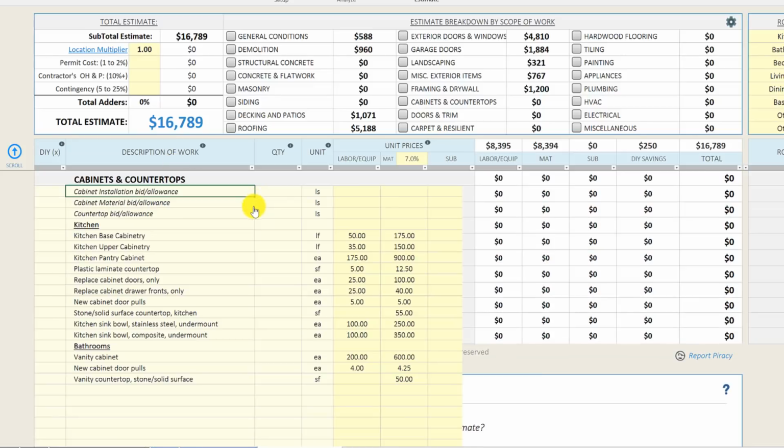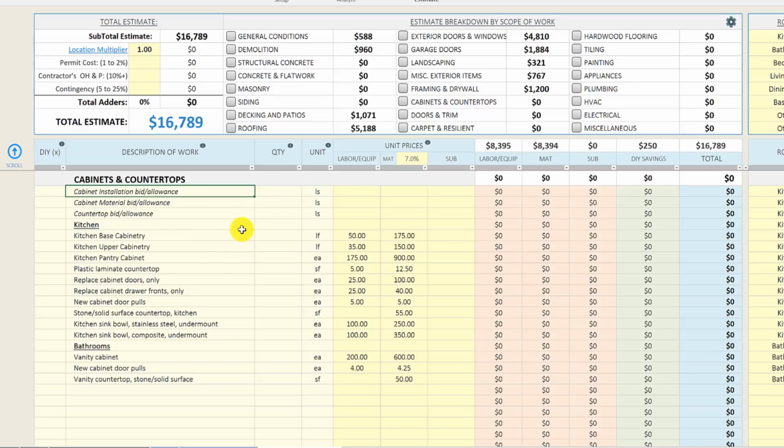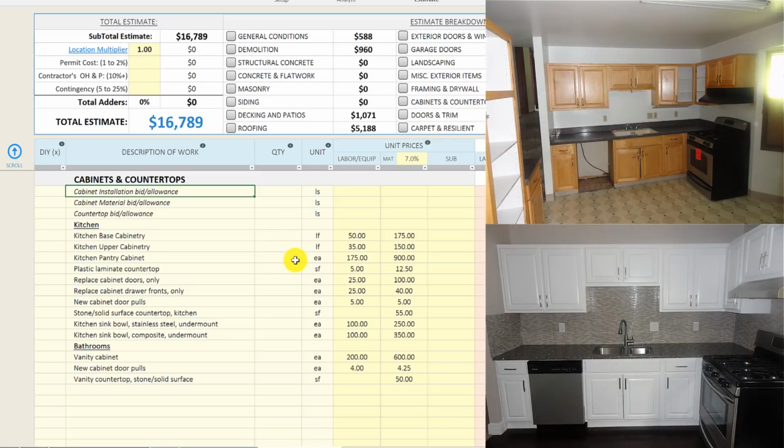Next we have cabinets and countertops. In the kitchen, the cabinets were in decent shape, but the doors were missing in a couple of locations. So we kept the cabinets, but we needed to buy replacement cabinet doors. I believe there were 3 doors we needed to buy and replace, and unfortunately those ended up being quite a bit more expensive than we initially anticipated.